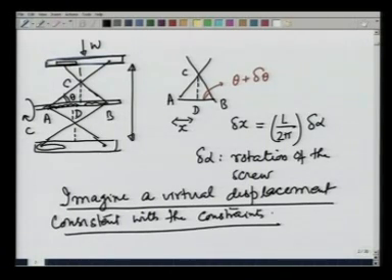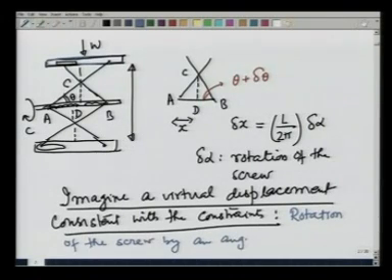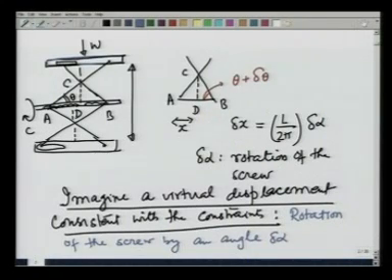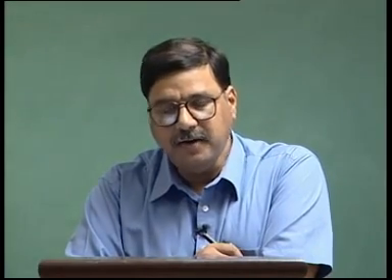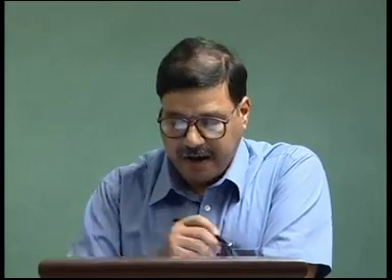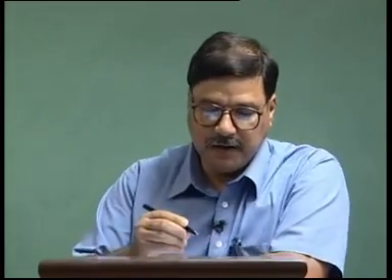And that virtual displacement is going to be rotation of the screw by an angle delta alpha, and that causes shortening of the distance between A and B and increase in the distance between C and D. From that I can calculate the virtual work done by applying the torque and the virtual work done against the weight, and making the sum total of that virtual work 0 would give me a relationship between the torque C and the weight W. Let us calculate that now.